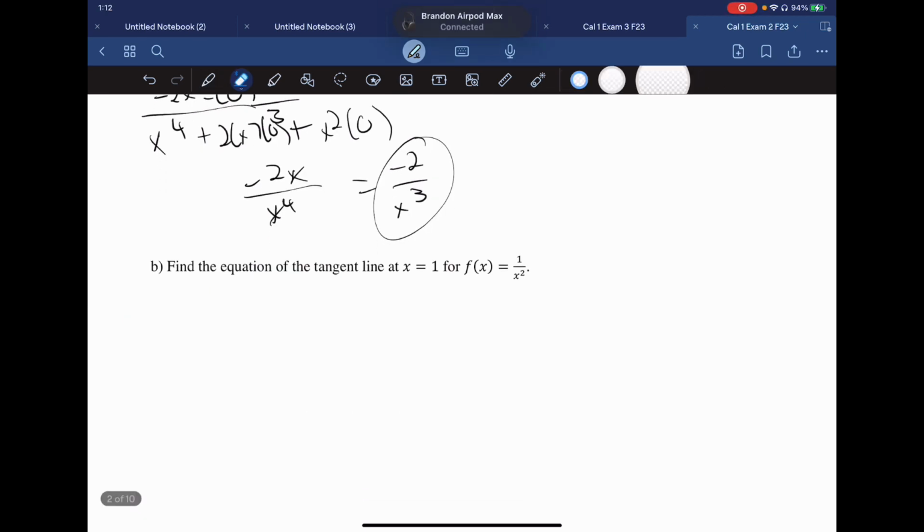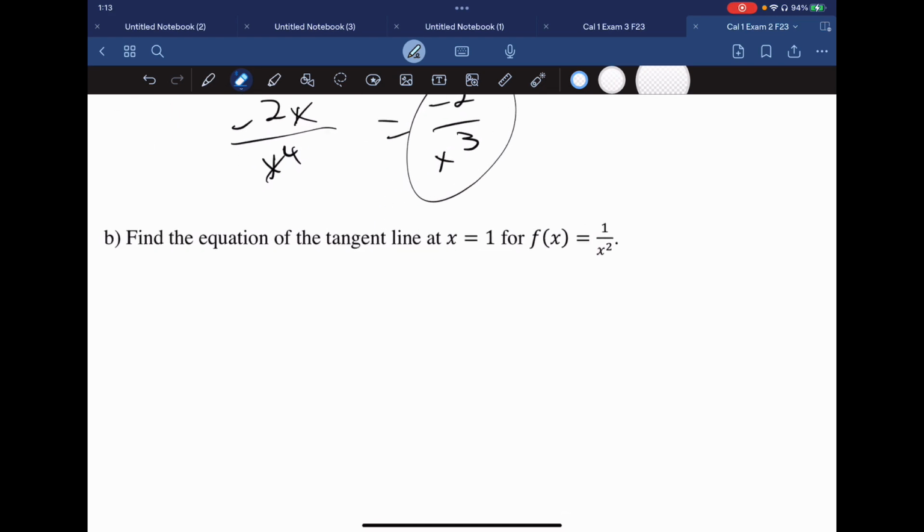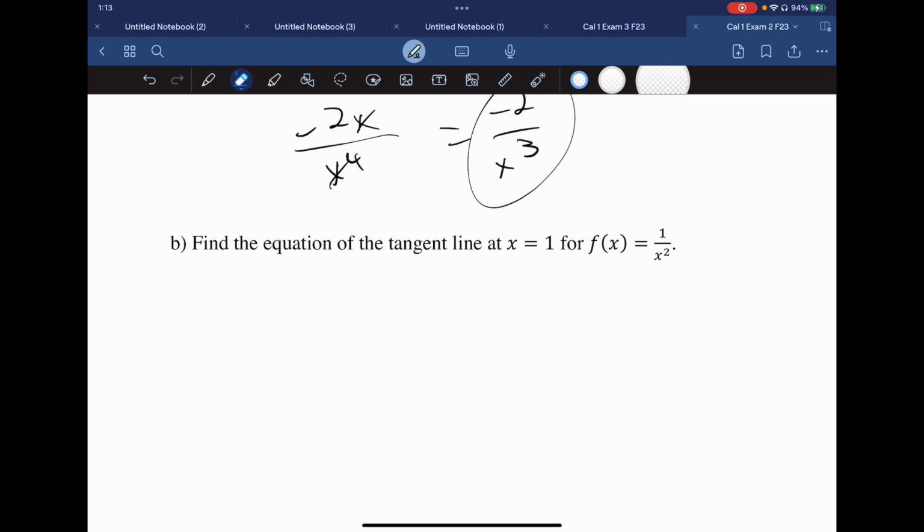All right, so for part B, we need to find the equation of the tangent line at x equals 1 for the function f of x equals 1 over x squared, right? So to find the equation of the tangent line at x equals 1, we must first know the point-slope equation, that's going to be y minus y1 equals m times x minus x1, right?